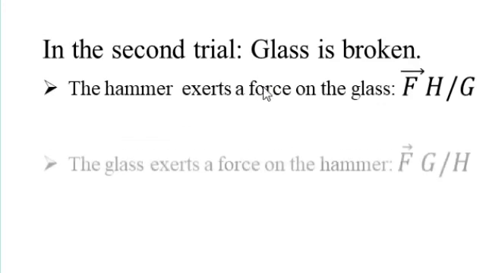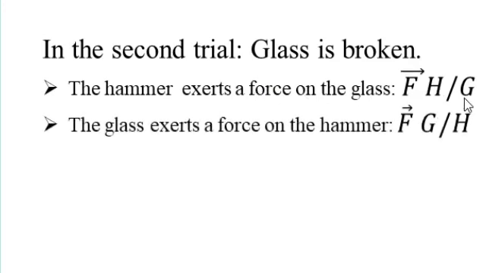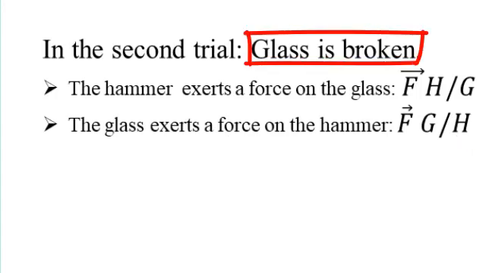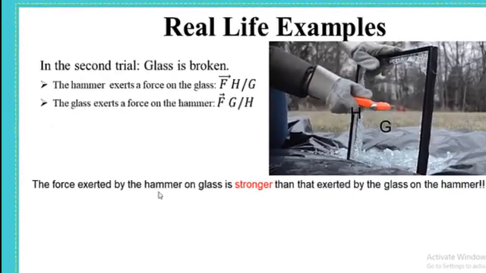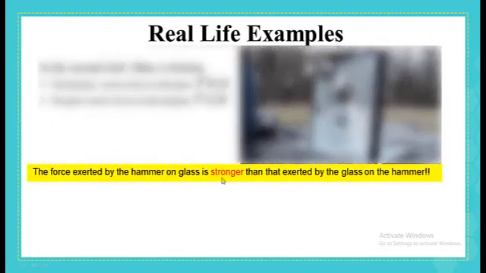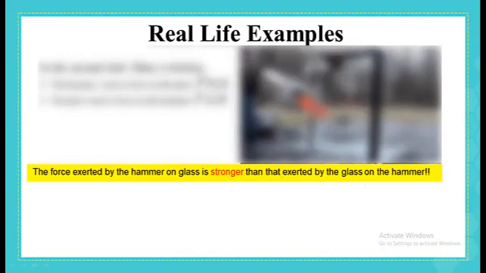The hammer exerts a force on the glass, and the glass exerts a force on the hammer. But because of the breaking of the glass, you can think that the hammer is exerting a force stronger than that exerted by the glass on the hammer. Is this right?